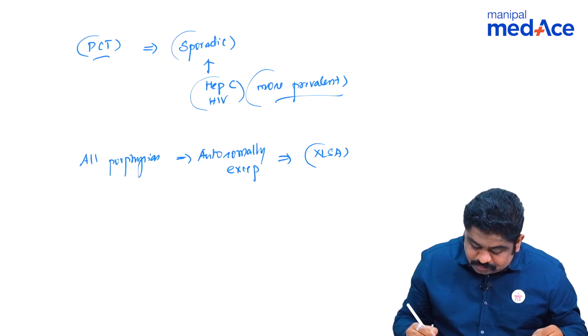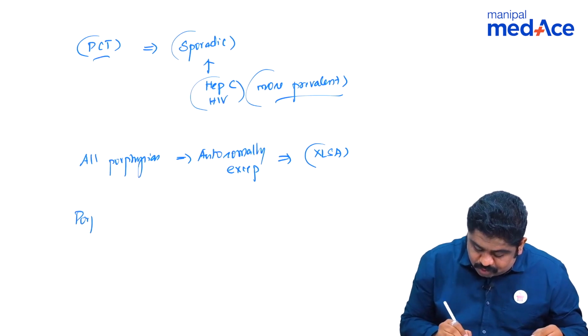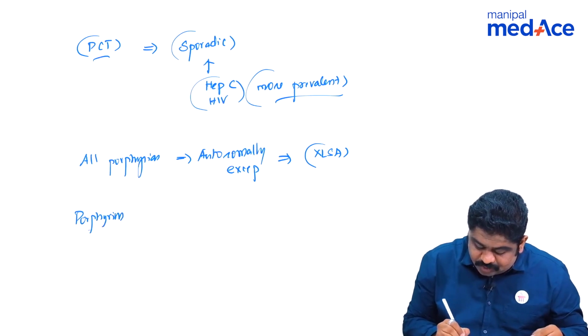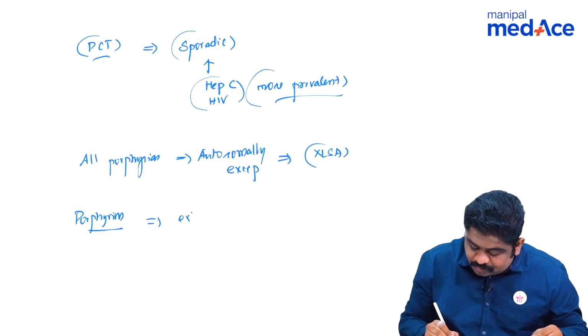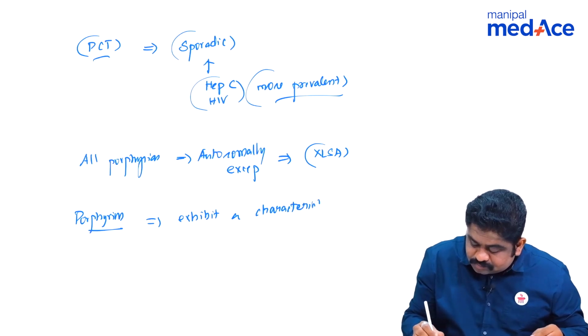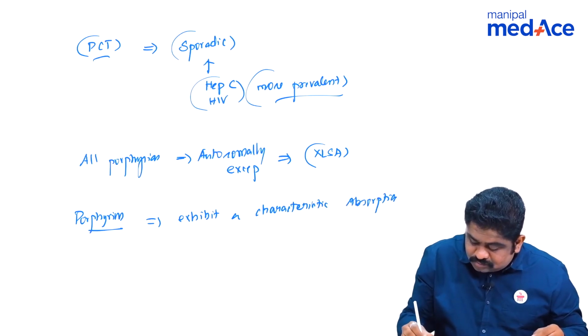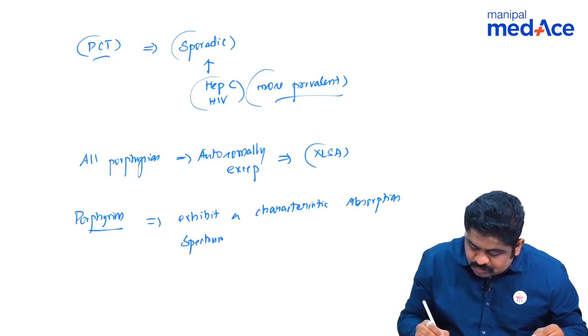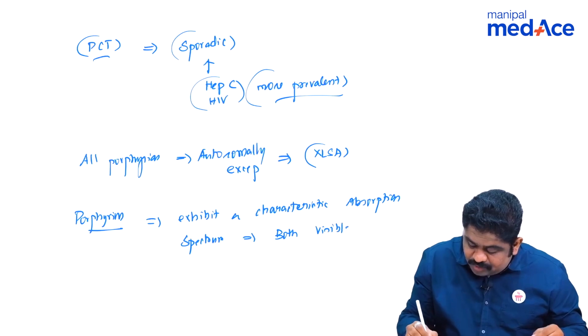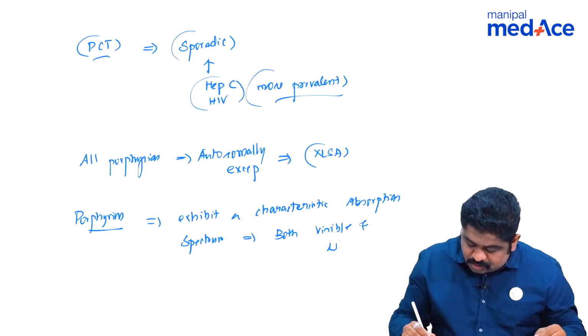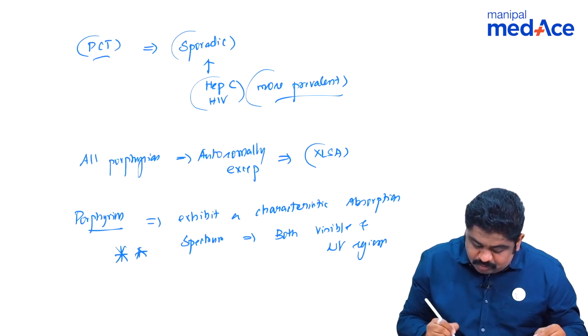And porphyrins generally exhibit a characteristic absorption spectrum. That happens in both visible and UV regions. This is an important point.